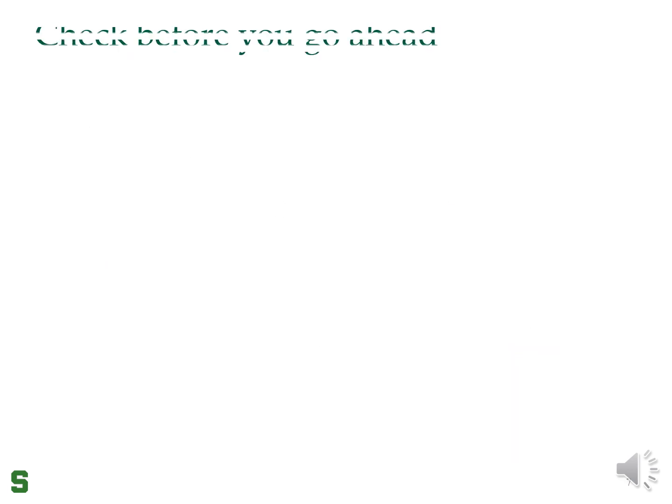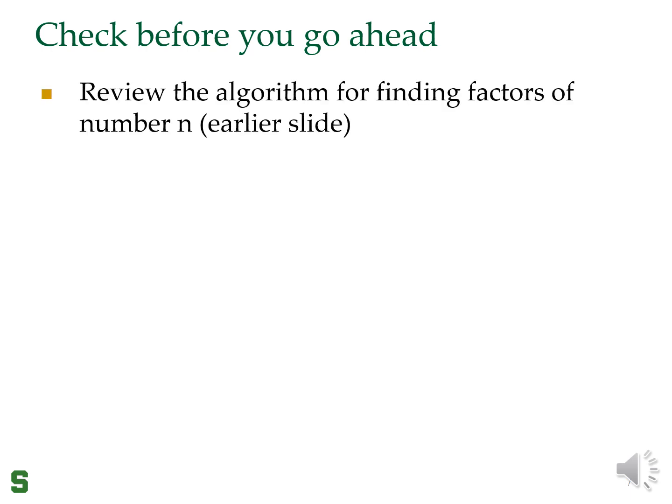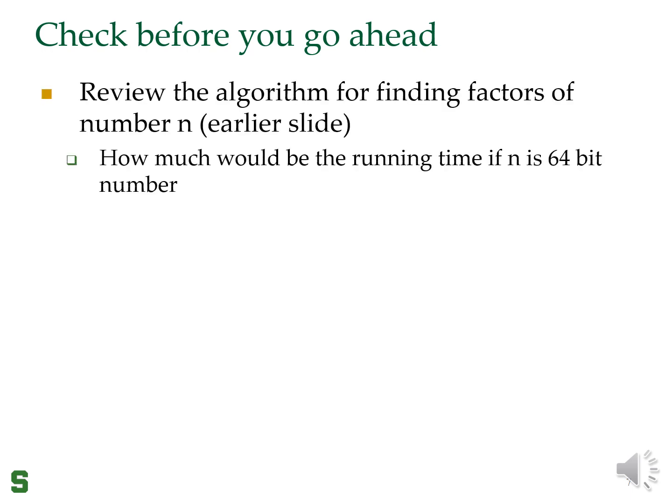Once again, we have reached the check before you go ahead slide. This module was fairly high level, so this module will give you a lot of concepts that will be useful later in your computer science curriculum. Terms like intractability, NP completeness, etc., those would be important when you try to analyze different algorithms.